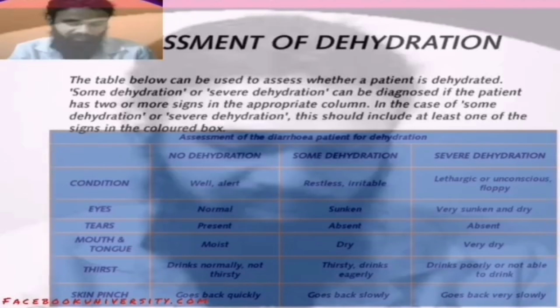So in some dehydration, the patient will be thirsty and drink eagerly, more and more. But in severe dehydration, the patient will not even be able to drink water, because the patient might have gone into an unconscious state, or if conscious, will drink poorly.